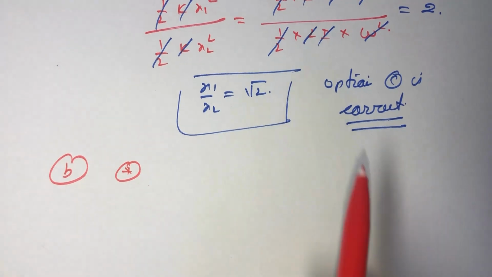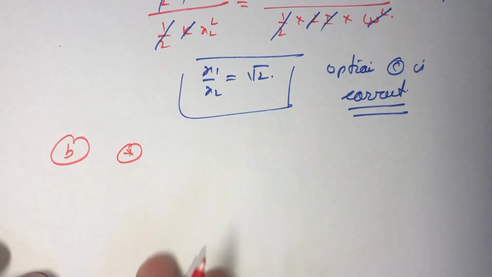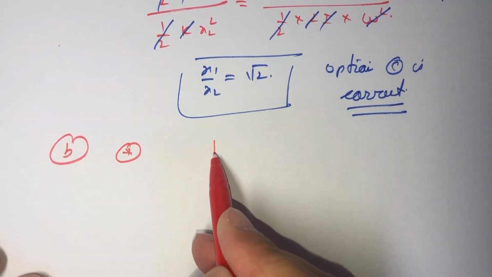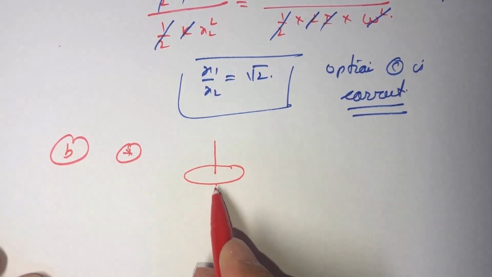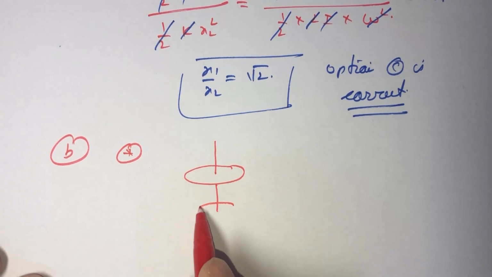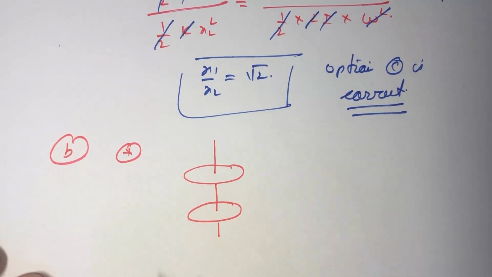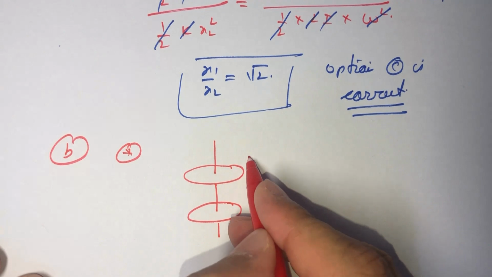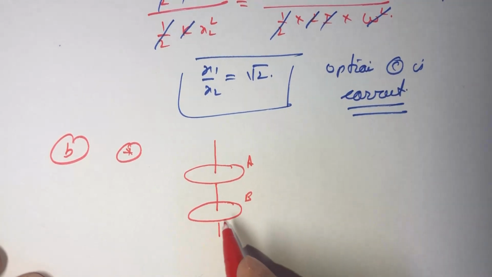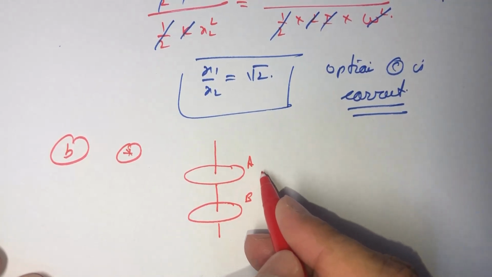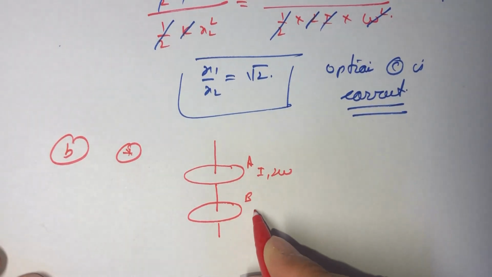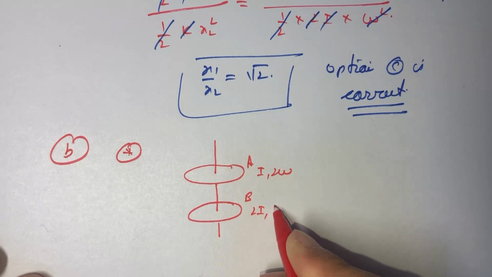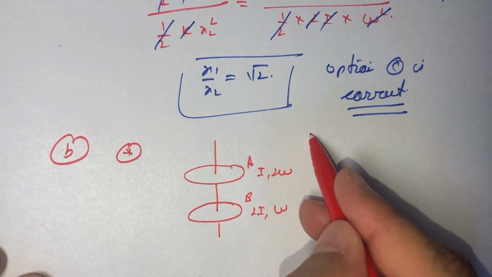Initially both the disks will be separate, so let me draw the diagram here. This is disk A and this is disk B, both separate, having moment of inertia I and angular velocity 2 omega, and moment of inertia 2I and angular velocity omega.